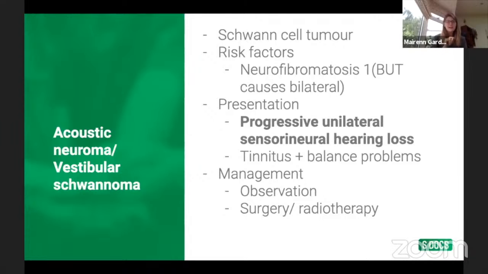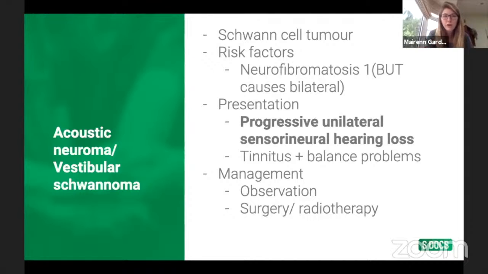To complicate it slightly, if these patients have the neurofibromatosis 1 gene, this will actually increase their risk of acoustic neuroma, but it's more likely to be bilateral hearing loss. So that just complicates it ever so slightly.